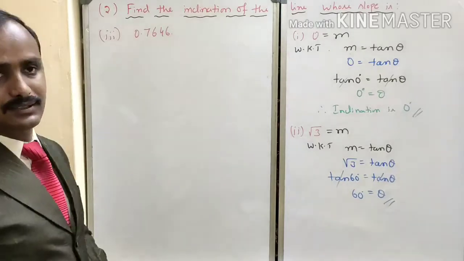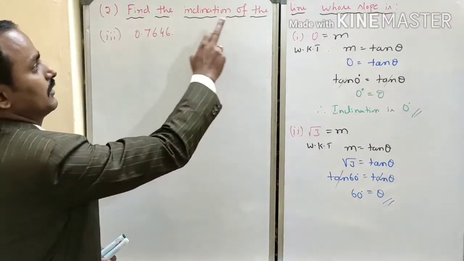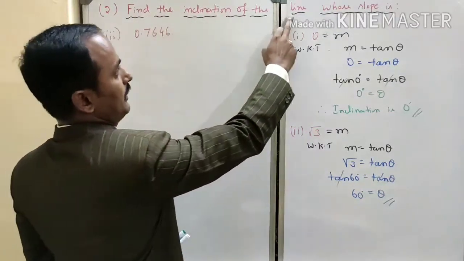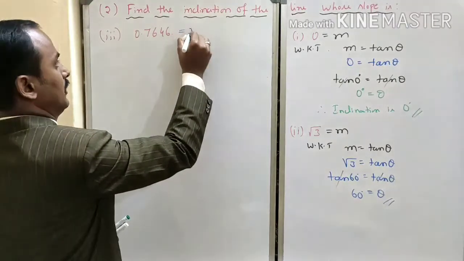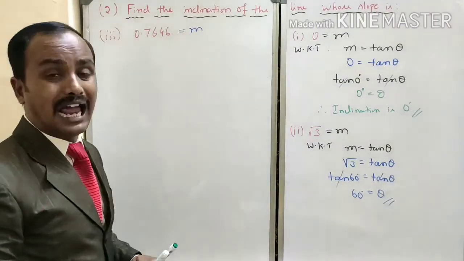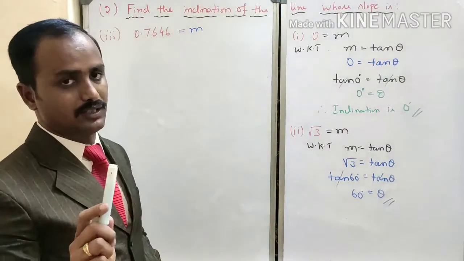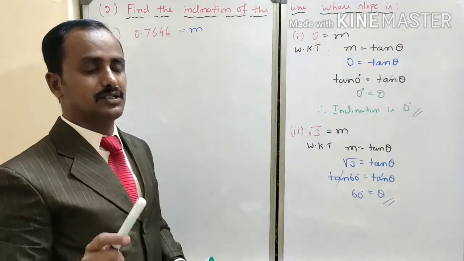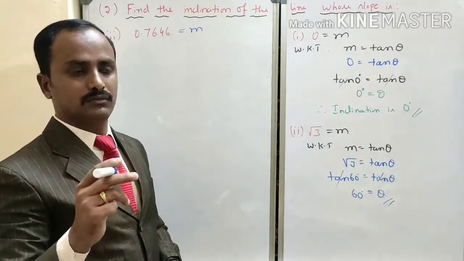Now coming to the third question. Find the inclination of the line whose slope is 0.7646. This is the m value. This is not a standard value of a trigonometric ratio. The standard values are 0, 1 by root 3, 1, root 3, infinite.